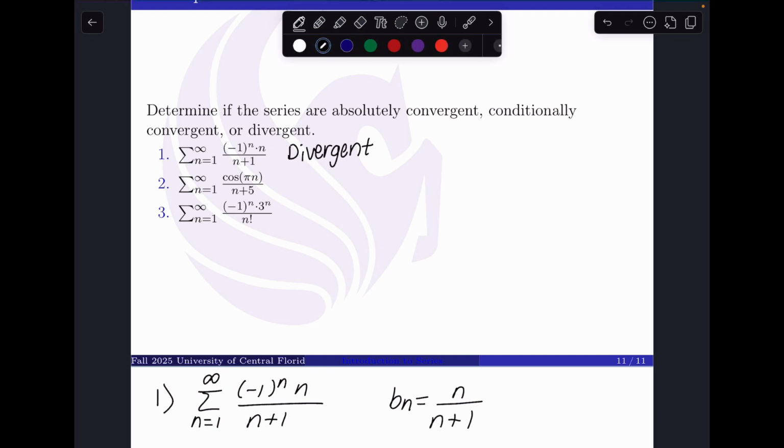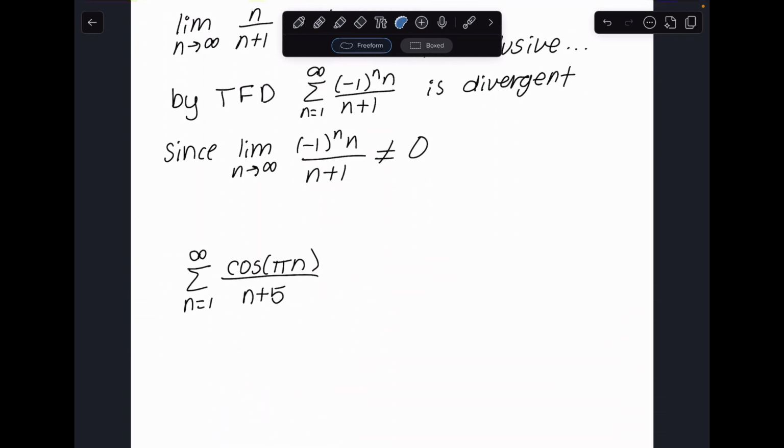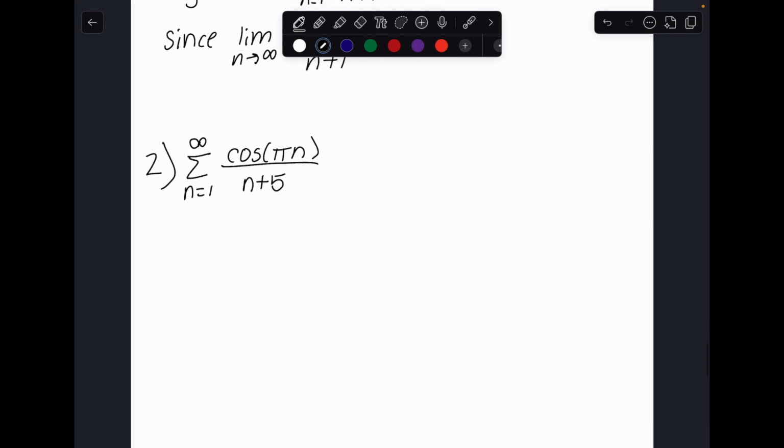Now we have this next one, the series n equals 1 to infinity, cosine of pi times n over n plus 5. Okay, so we've got this guy.